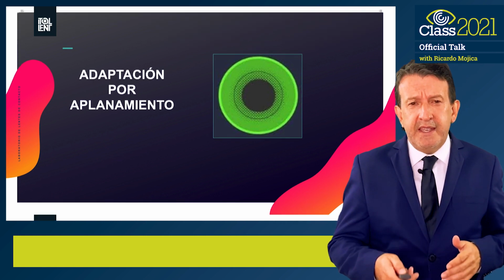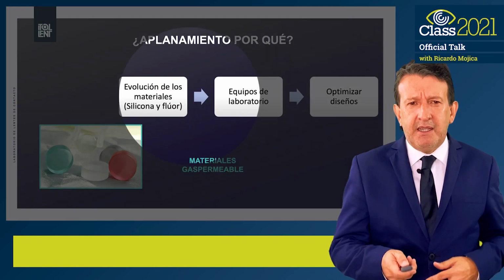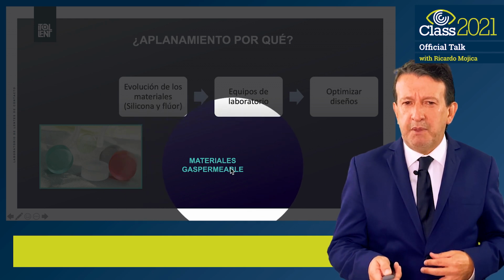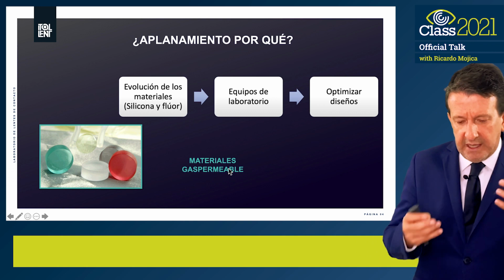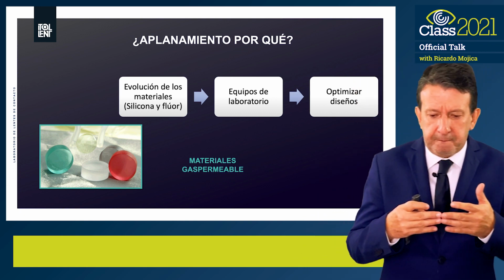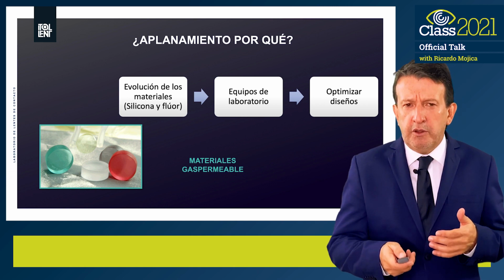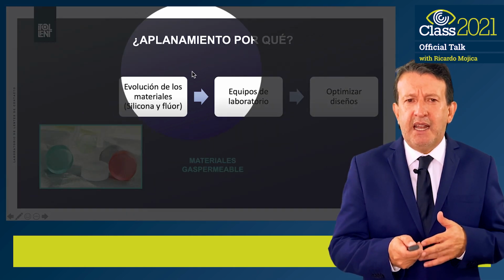And it is another history of materials, where they change looking for that permeability. And then the materials change to being copolymer materials, and the evolution of materials begins to mix with silicon and with fluorine, with Teflon and fluorine containing materials.